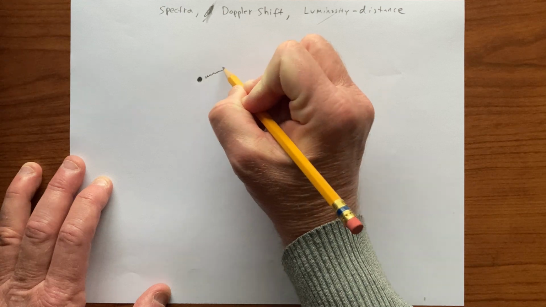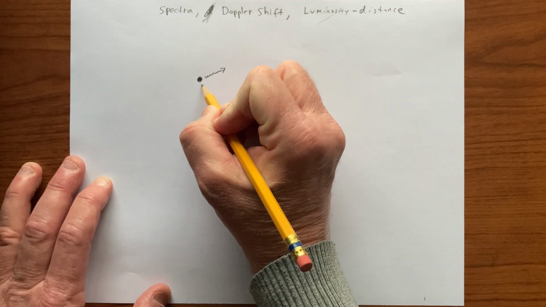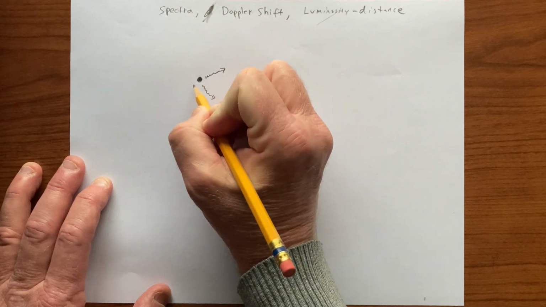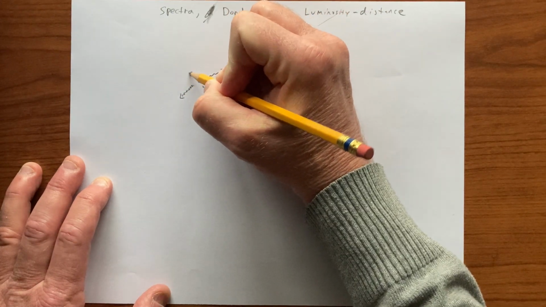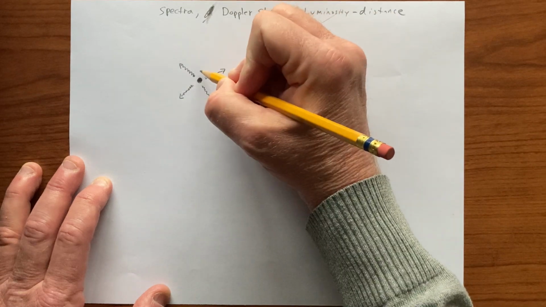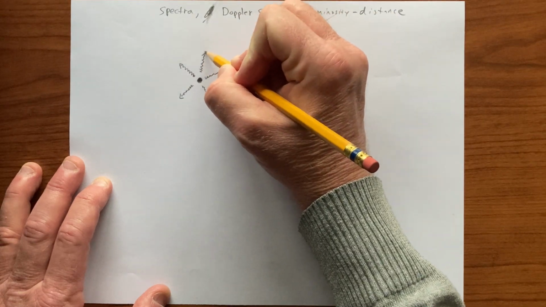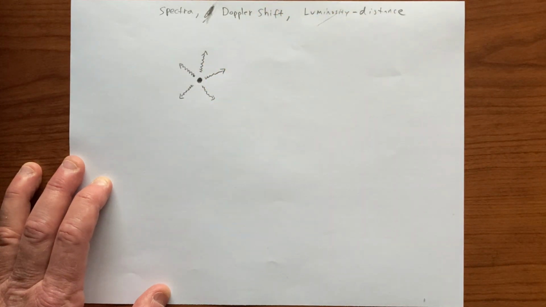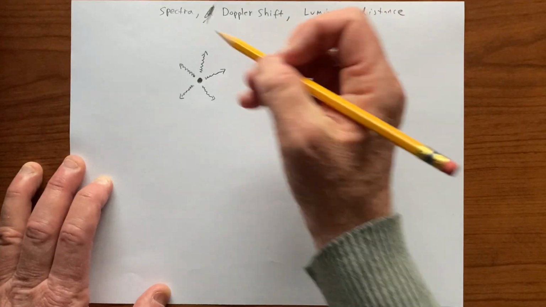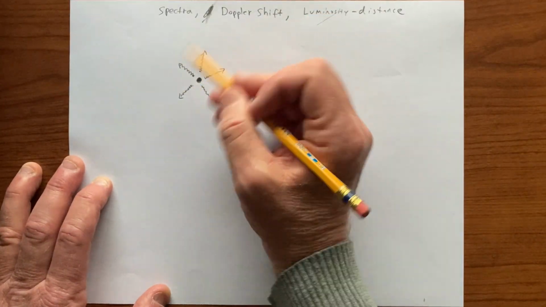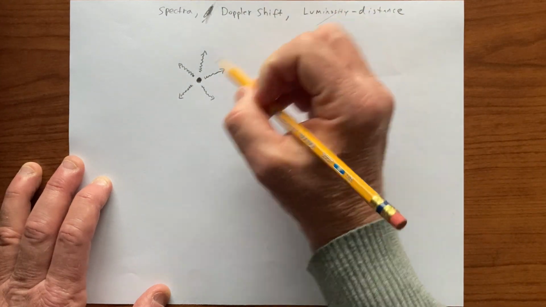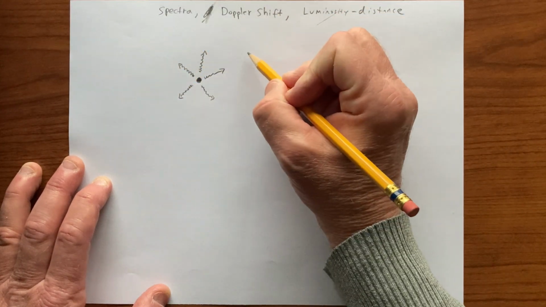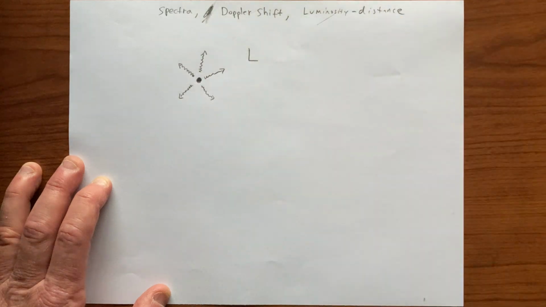So we imagine light is being generated, electromagnetic radiation. It's moving outwards from the source, here depicted with little wiggly lines. That's the electromagnetic radiation, various frequencies, radial distribution of energy. All of that energy together is the luminosity, or L, of the source.